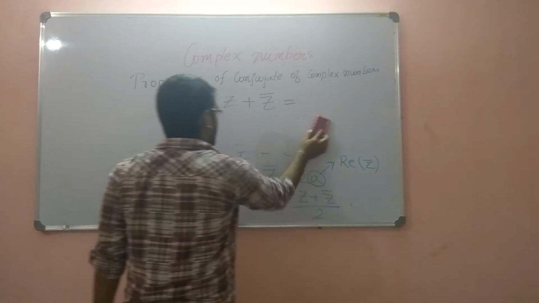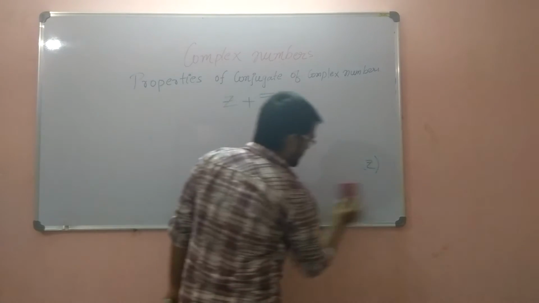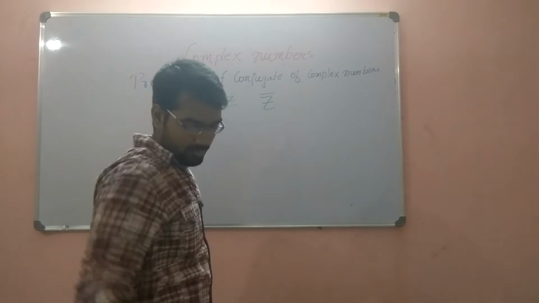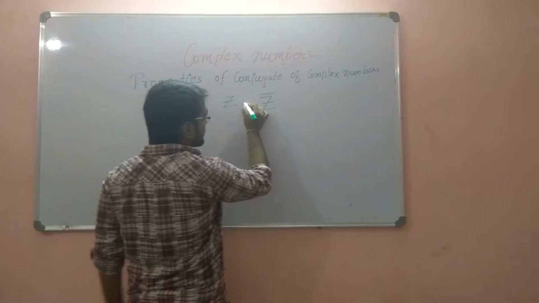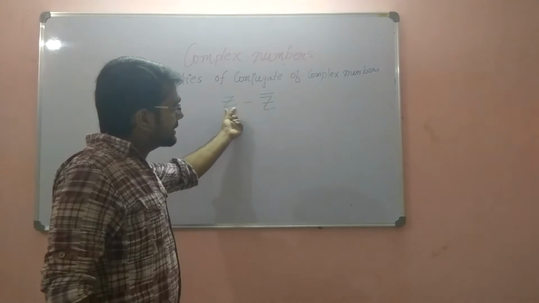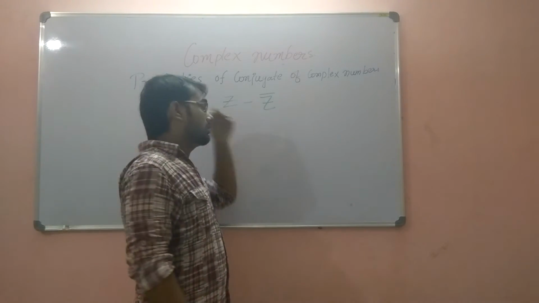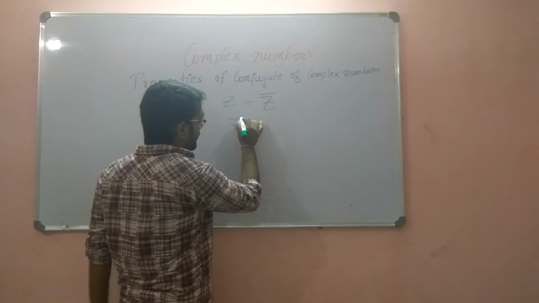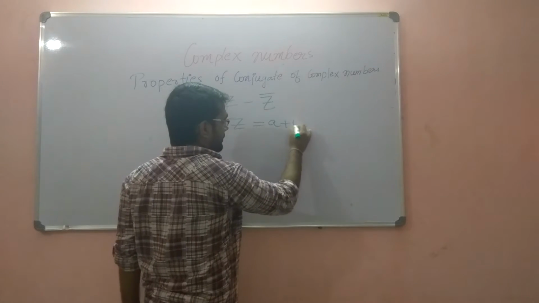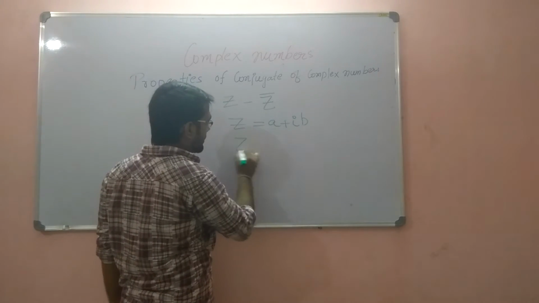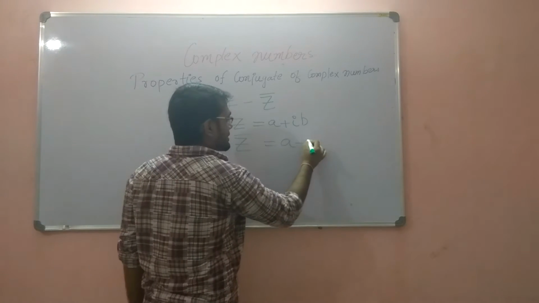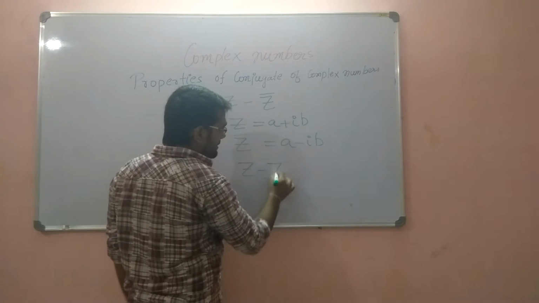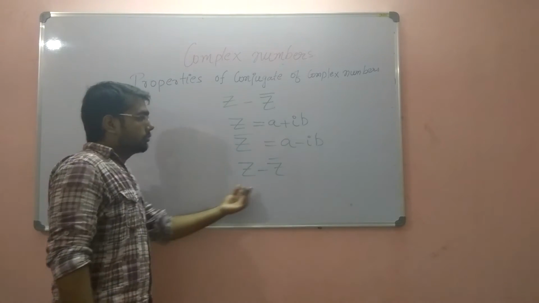Now again, if you take the subtraction of the complex number and its conjugate, what would we get? If our complex number z is a plus ib, and z bar would be a minus ib, then z minus z bar, what would be the result?